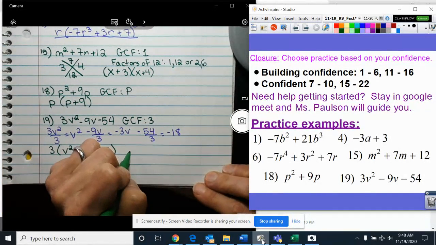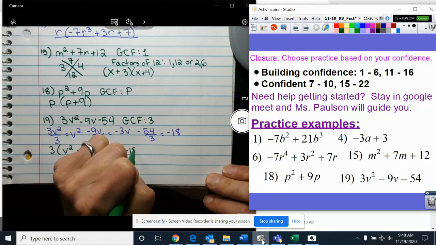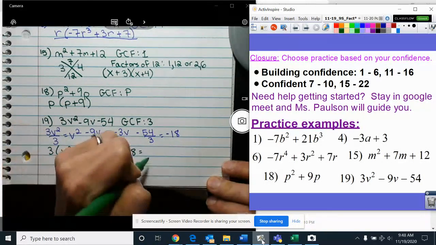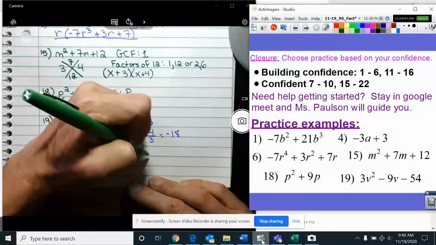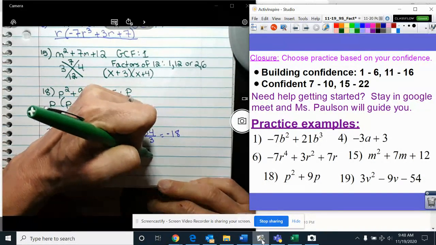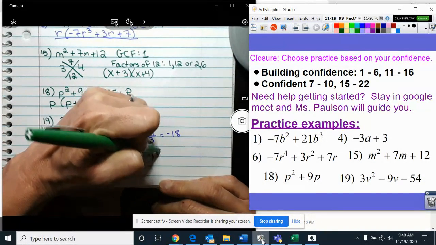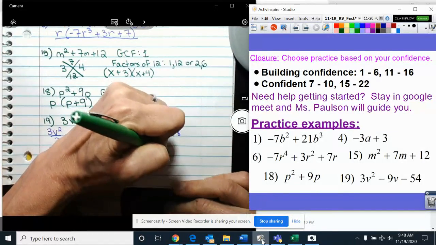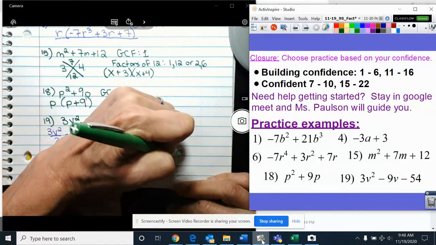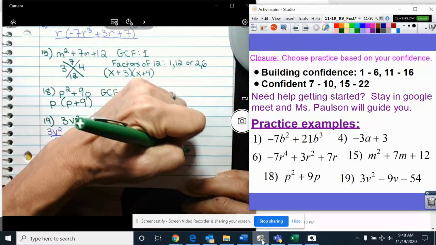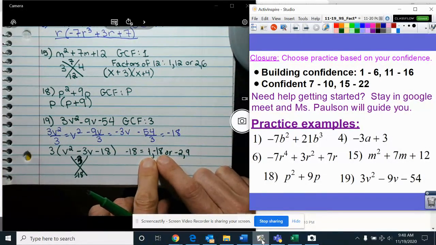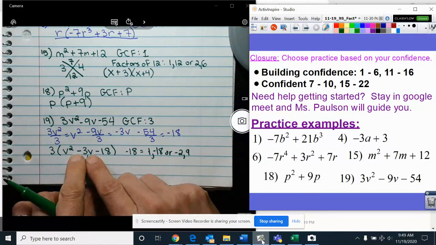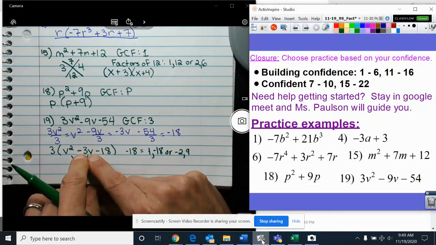So think of factors of negative 18. Well, we could do multiplying values of negative 1 and 18, or negative 2 and 9. But there's no way that a 1 and an 18 could ever add up to negative 3.